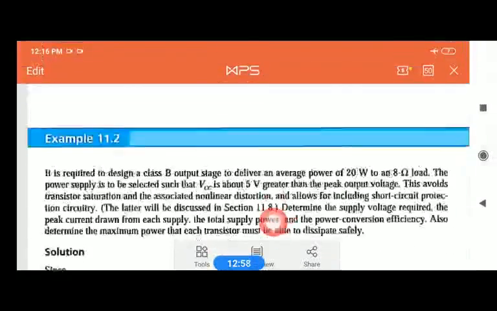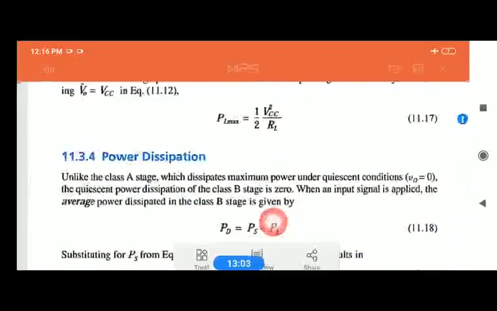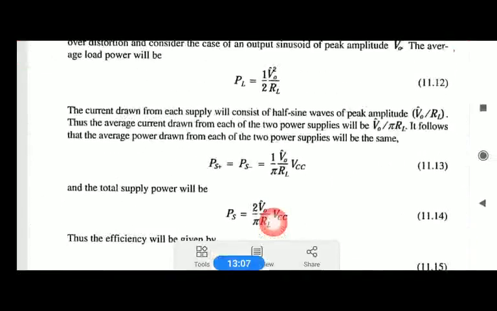You use this formula for PS. So the supply power for each supply we calculated here, PS, right? It is V0 by RL into VCC, over pi. V0 by RL we calculated there, so 2.24, where V0 is 17.9, VCC is 23, RL is 8, and substitute the pi value.